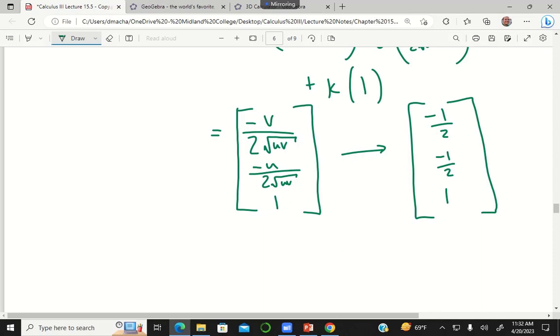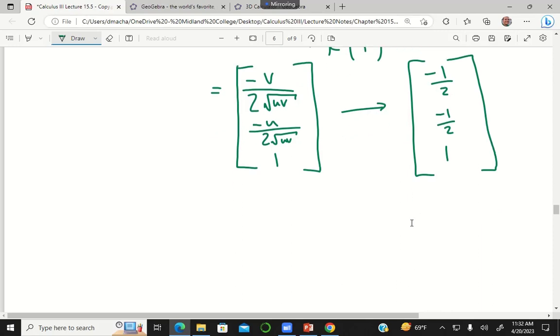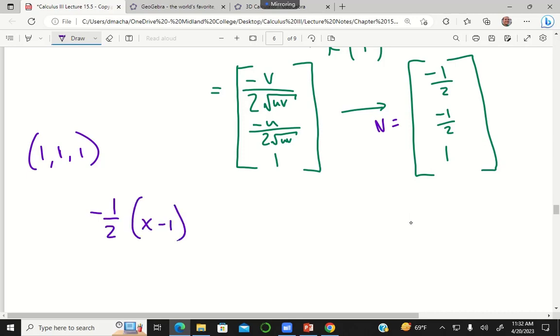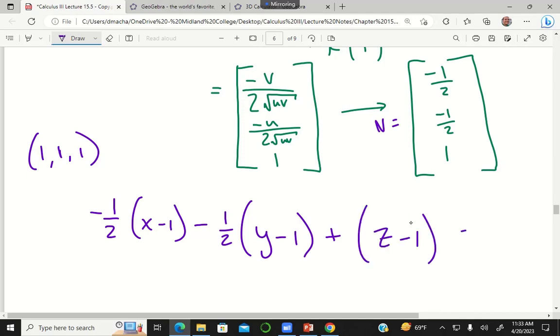Okay, how do we come up with the tangent plane now? The point where I want my tangent plane is 1, 1, 1. My normal vector is this one. So the formula for my tangent plane is going to be negative 1/2 times x minus 1, minus 1/2 times y minus 1, plus 1 times z minus 1.